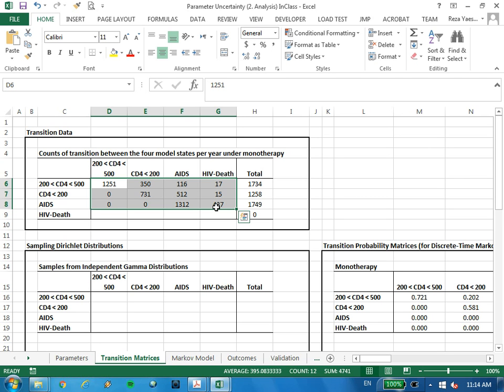Imagine I have 10 patients, and at the end of the year, with probability P, I have death, and survive with 1 minus P. Now, if death is my random variable, what is the distribution of this random variable?